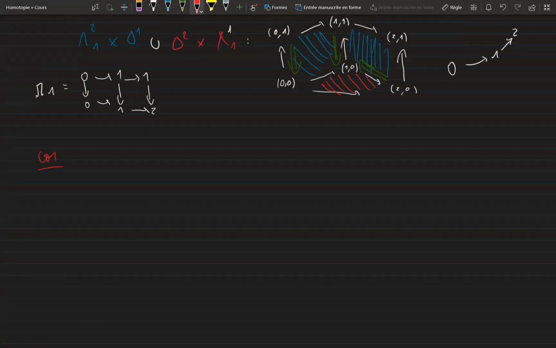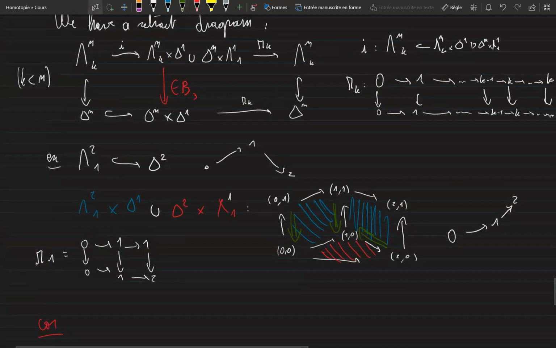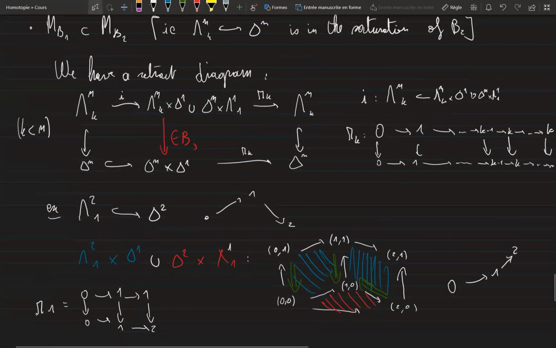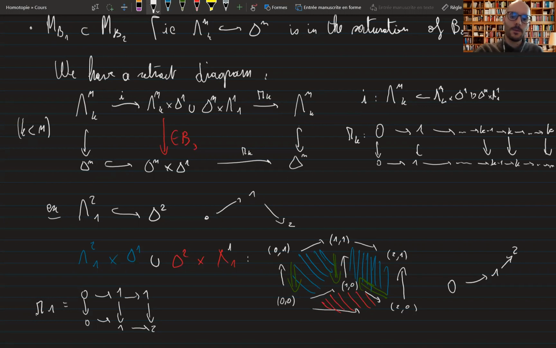Corollary? Excuse me? Yes. Why don't we take just a uniform RK, not depending on K? I mean, we could take, crush the delta n cross delta 1 onto delta n, at the bottom or at the top? The problem is, so the question is why we don't take the same RK every time.